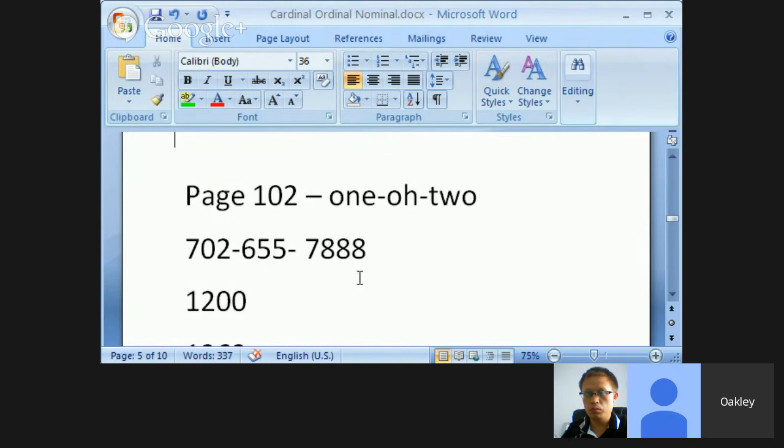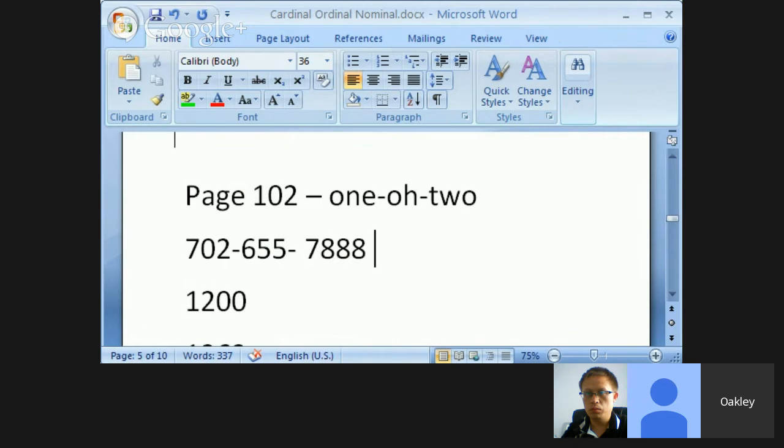And the next one, phone numbers. Tatiana, how would you say this phone number? 702-655-7888. Okay, that's certainly one way to do it. And the whole double, or you could even say triple eight. I have to say that you're more likely to hear that from a British person. Americans don't.